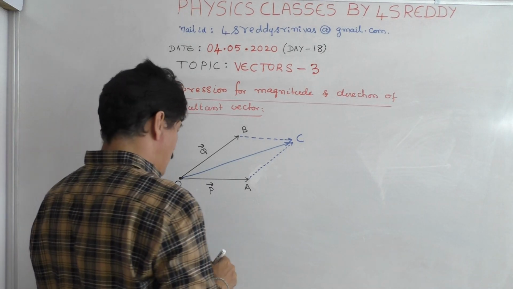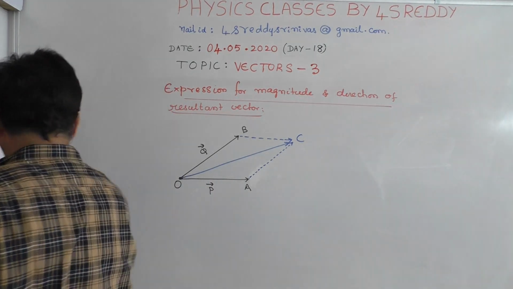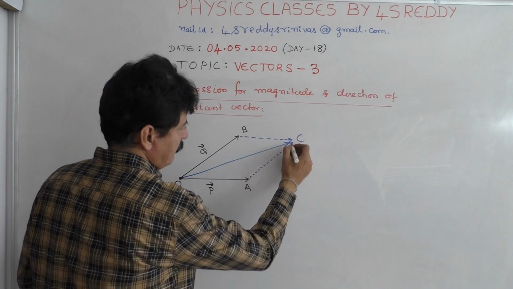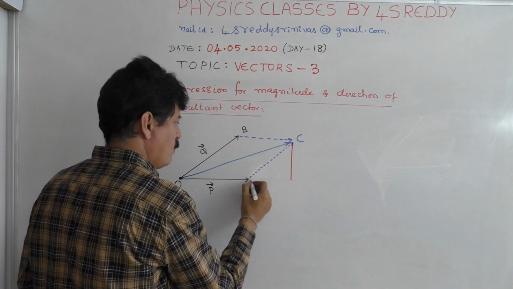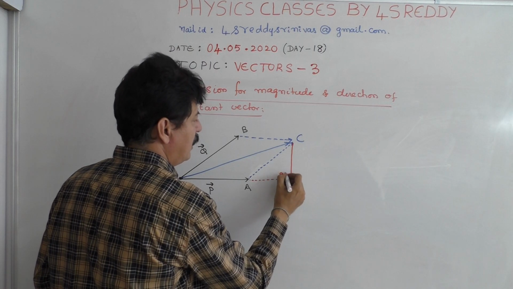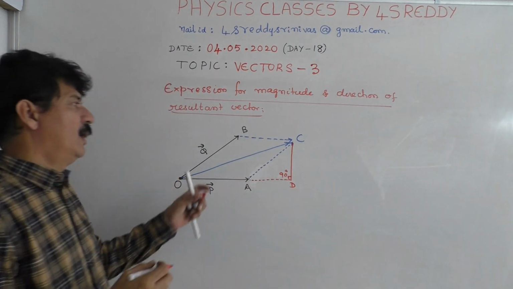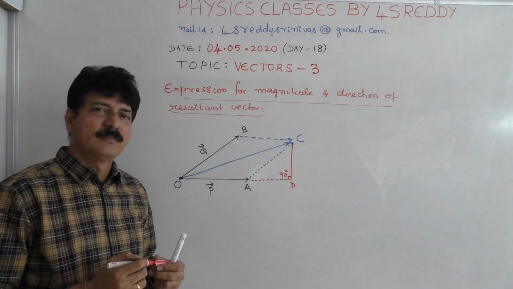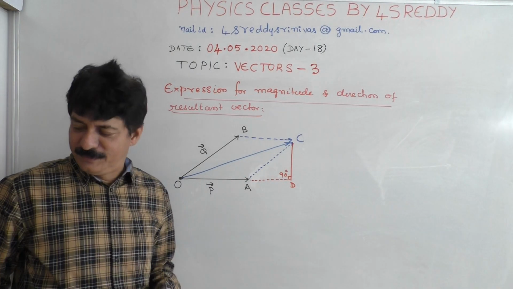Now draw a perpendicular, this is perpendicular OD onto C. This is what we have to consider.